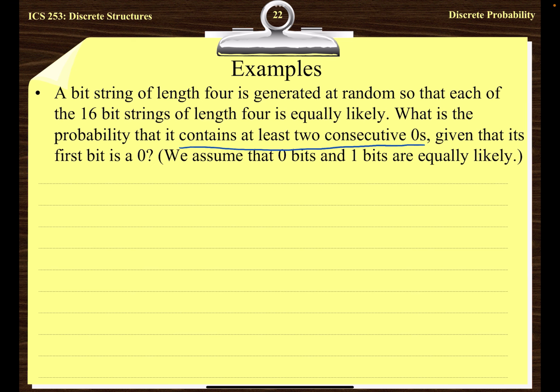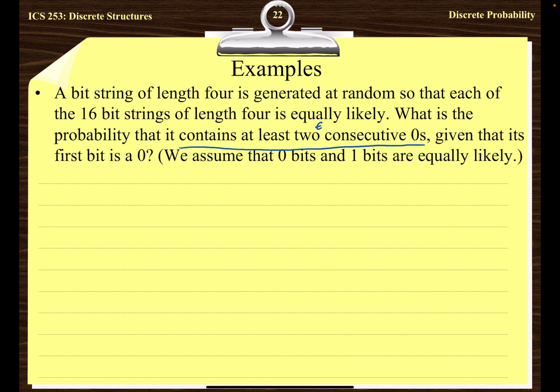So let's call this E. And what is F? Its first bit is a 0. So this is my F. And what do I need? I need to find the probability of E given F. This is what is wanted.